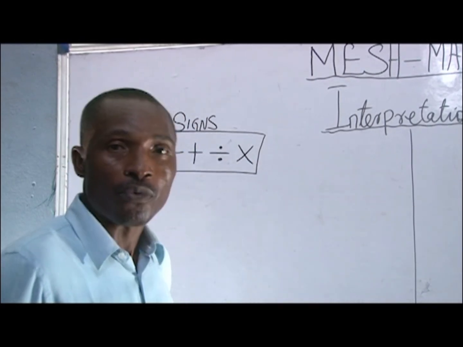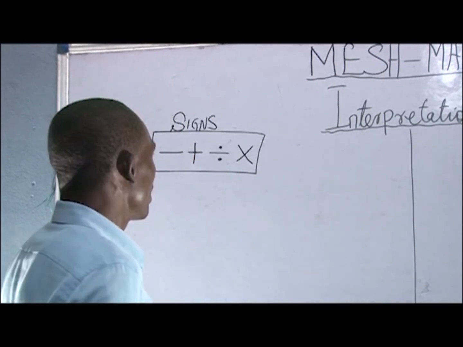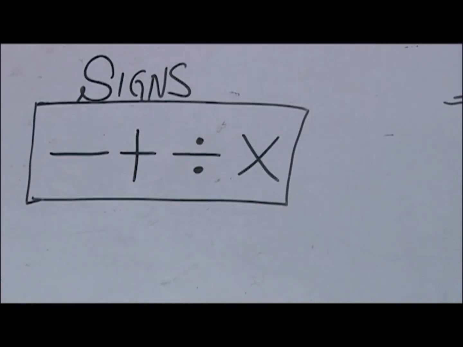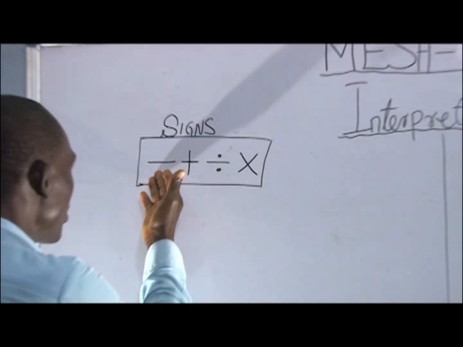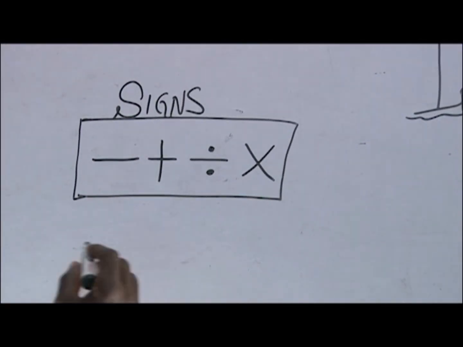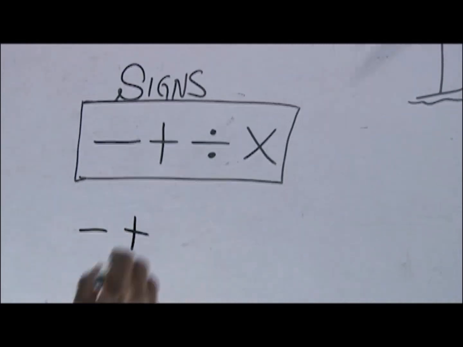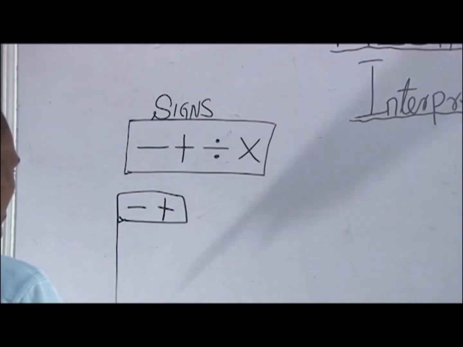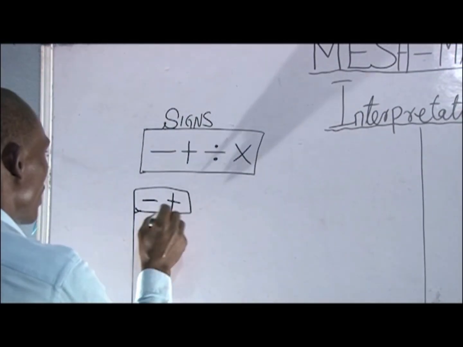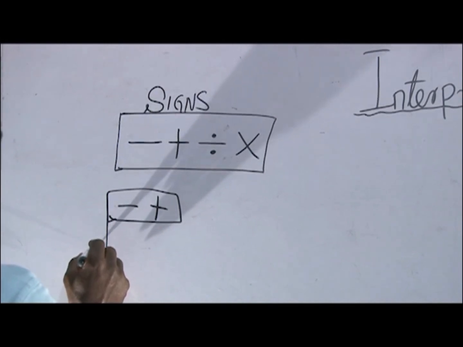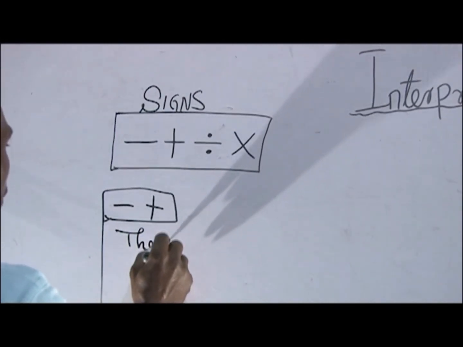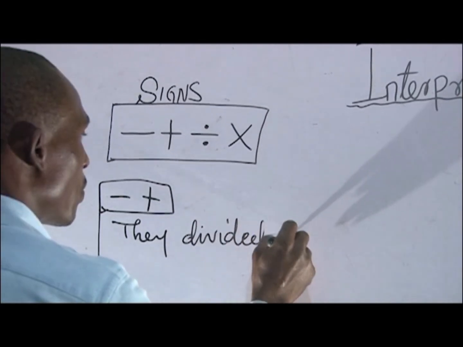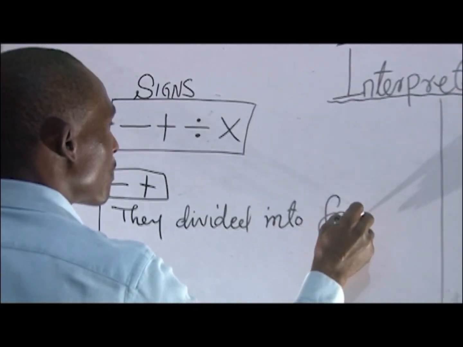So let's see an example, for instance. So now we want to first of all study only these two, that is minus and plus. So if we take only these two out, plus and the minus, you discover in measurements interpretation, these two are divided into 4.